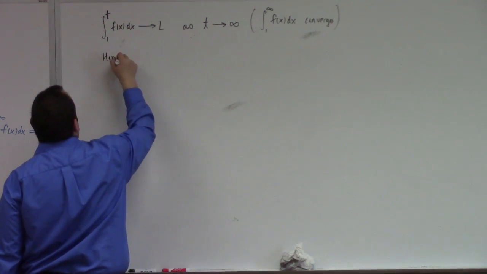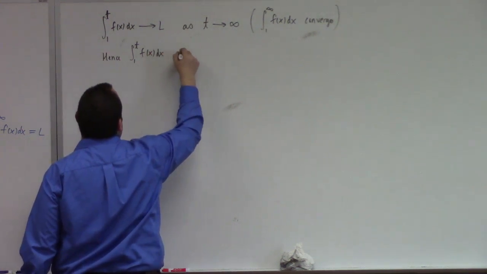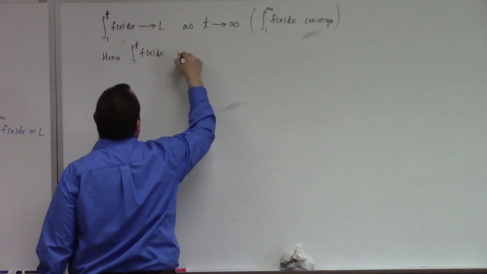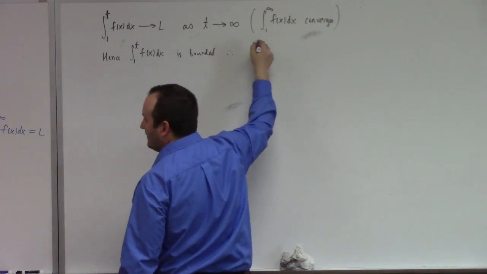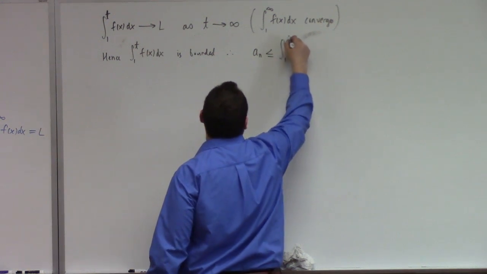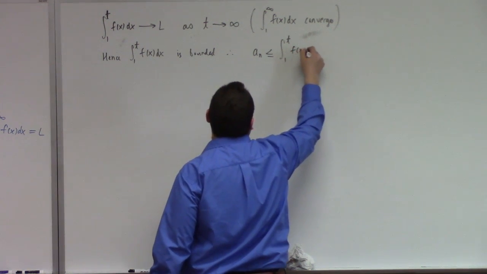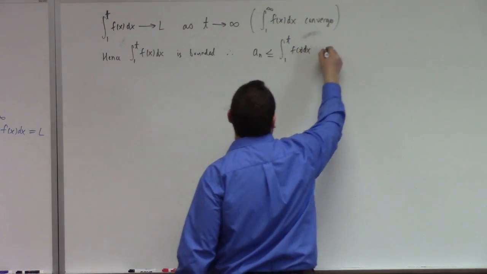Hence, the integral from 1 to t of f of x dx, which is increasing, is bounded. Therefore, a sub n is less than or equal to the integral from 1 to t. This is already given to us from our earlier argument, using it again. But this is less than or equal to m, right?